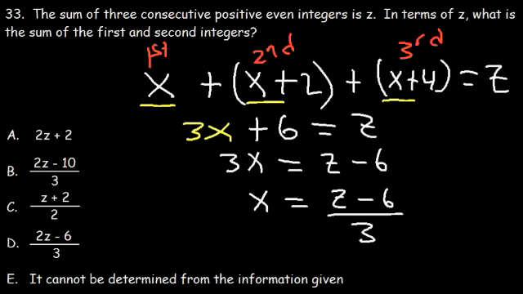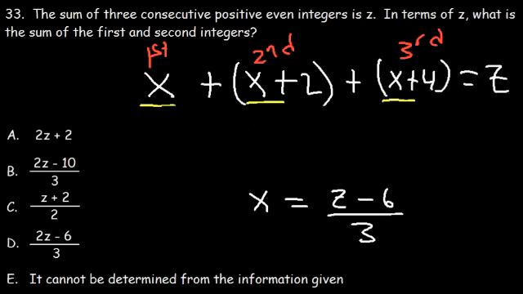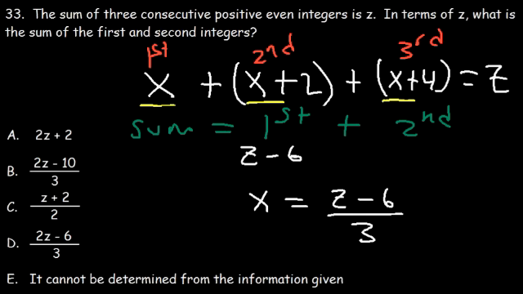So now let's save that answer. Now our goal is to find the sum of the first and the second integer. So the first integer, we know it's x, but in terms of z, we know that x is equivalent to z minus 6 over 3.